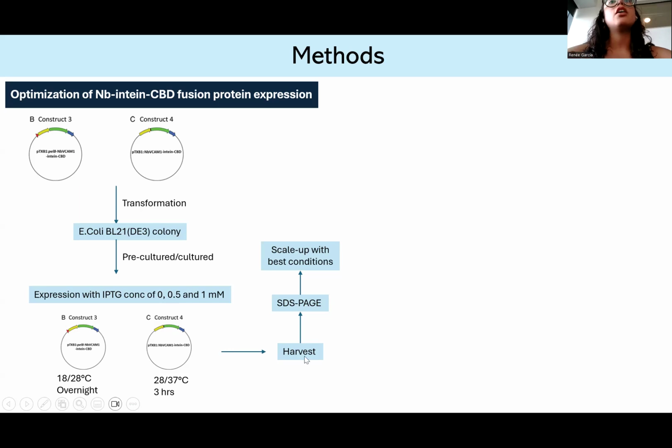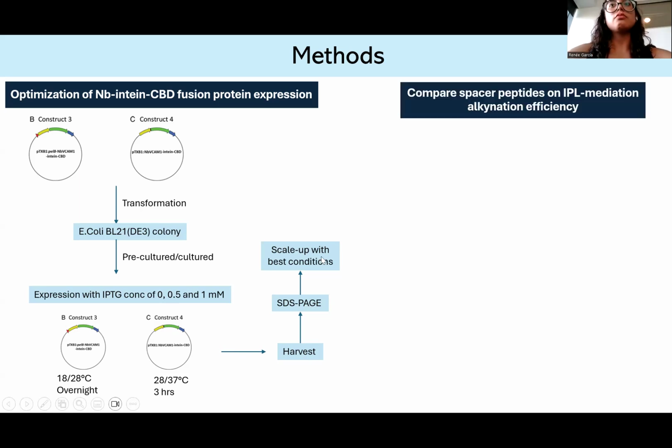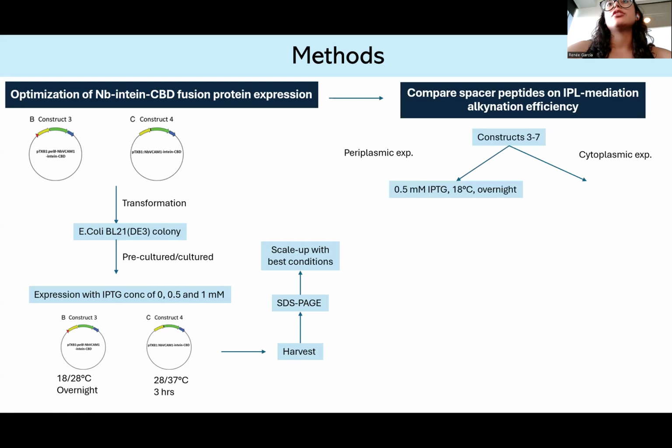And then they proceed to harvest and analyze the obtained samples in SDS-PAGE, and then scale up with the best conditions. And once they have the best conditions, they compare the spacer peptides on IPL mediation, alkylation efficiency, and they do this by selecting these conditions for periplasmic expression.